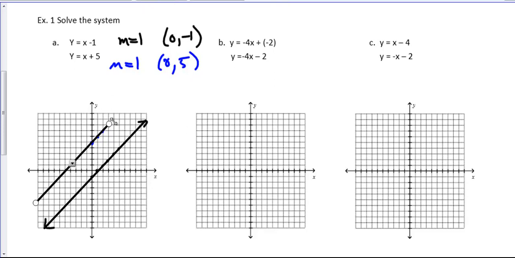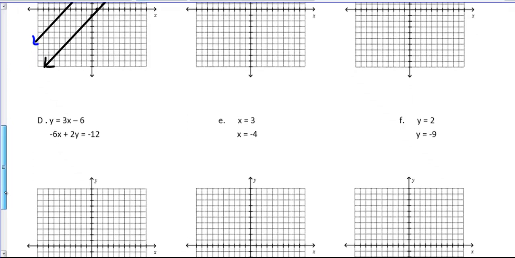And what you see, once again, is what we would define as parallel lines, because these are two lines that are never going to touch. So if we're asked to solve the system, we would say that there is no solution to this. In other words, these lines are never going to touch. Let's go ahead and skip both B and C for right now.